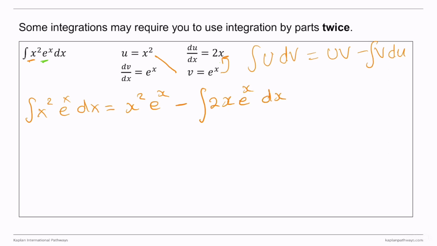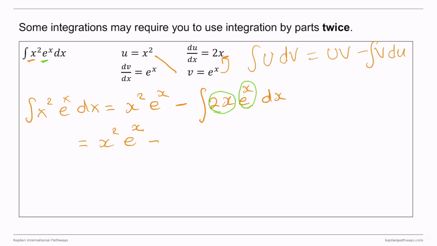Okay, and this is going to be x squared e to the power x minus, right, as you can see here, this is another integration by parts inside our solution. So we can see we have this integration and it has this function and this is another function here, right?